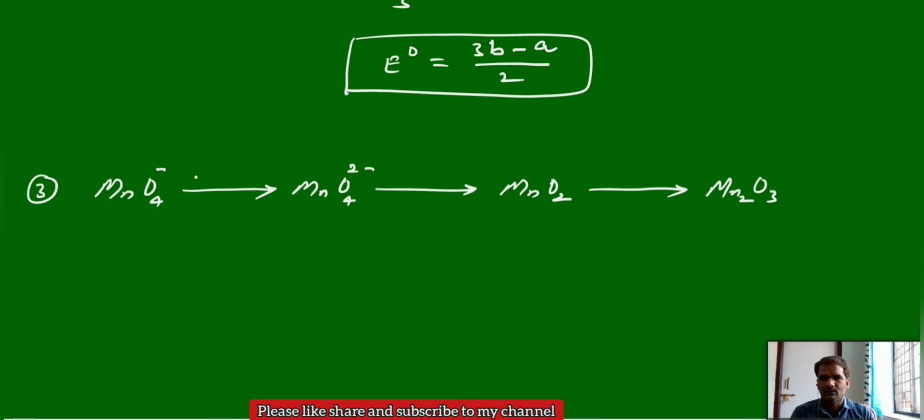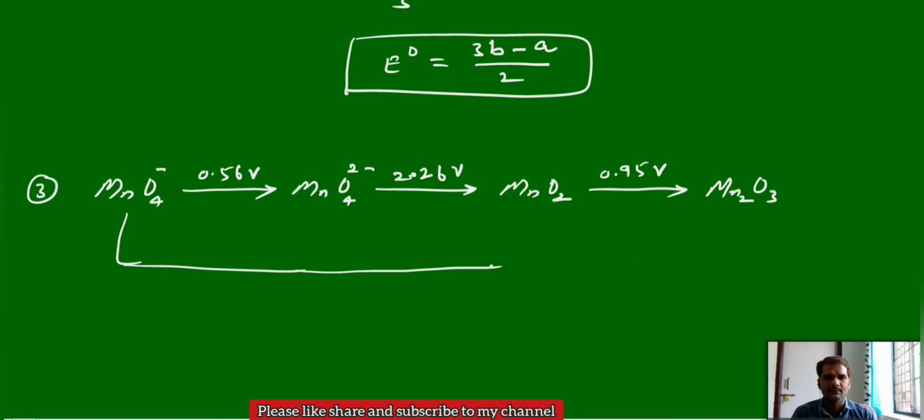Here to here, the electrode potential value is 0.56 volts, here to here it is 2.26 volts, and here to here it is 0.95 volts. Then what is the change? What is the electrode potential value when MnO4 minus is converting into Mn2O3? What is the electrode potential here?